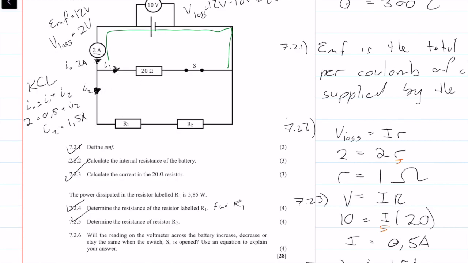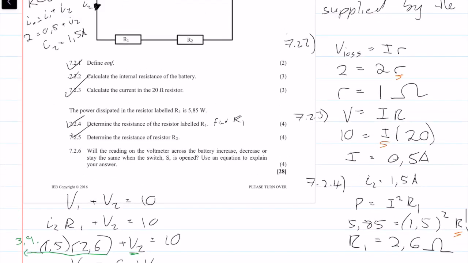So when S is opened, we only have a series circuit now, right? So our resistance is going to go up.